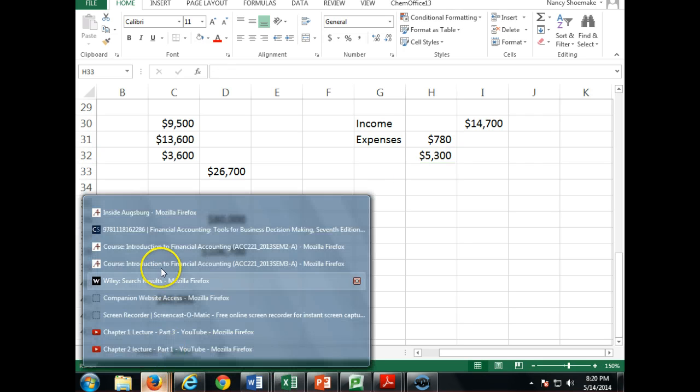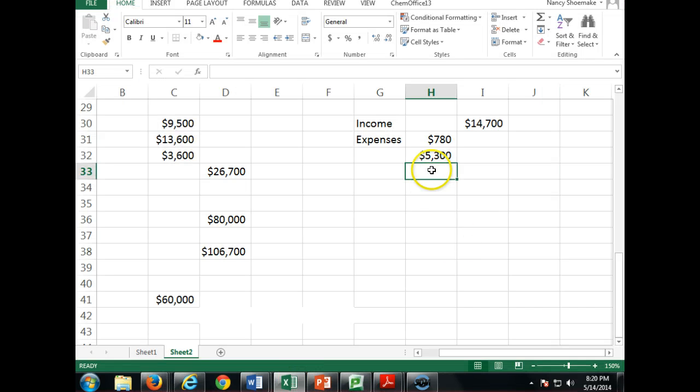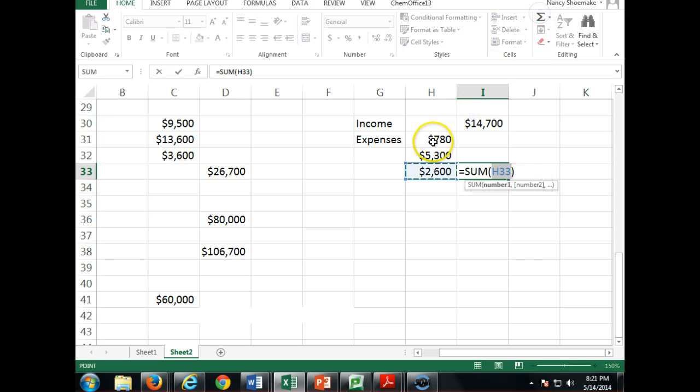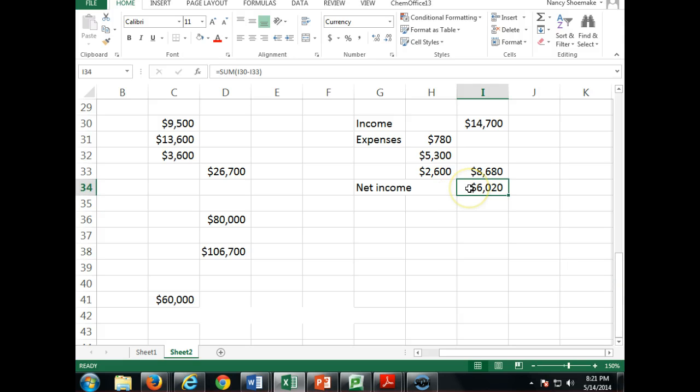What else? Interest expense, 2,600. Okay, so if we take these, that's 8,680. So our net income is the difference, right? This minus our expenses is 6,020. Does that make sense? Our net income is $6,020.